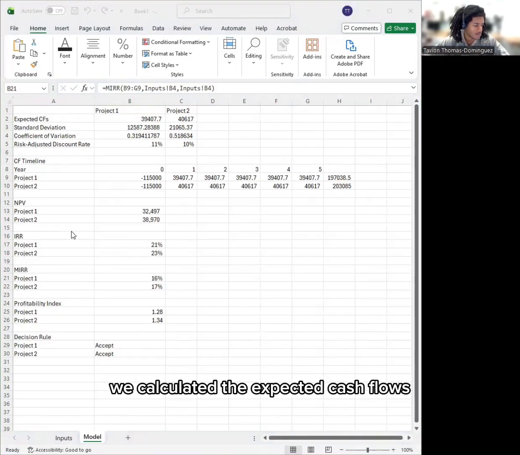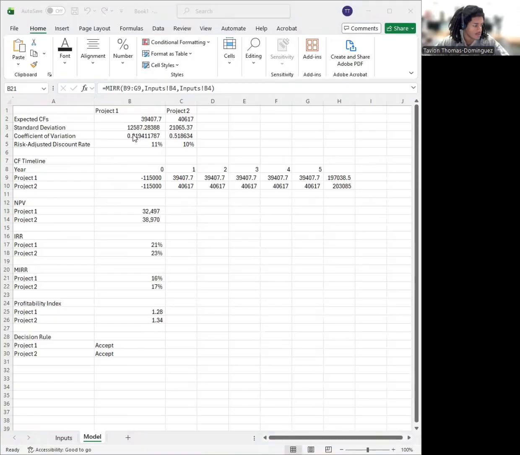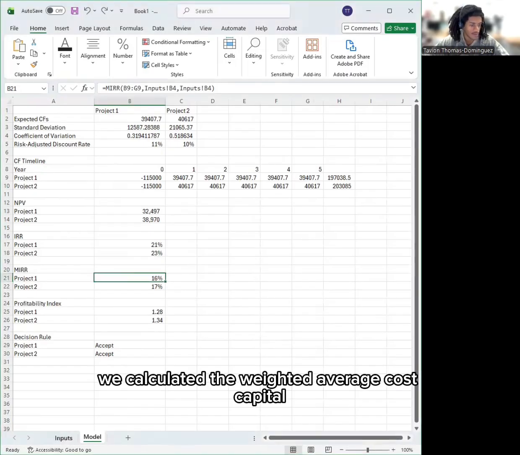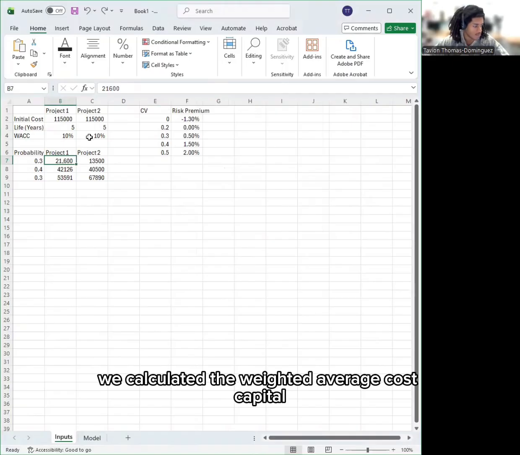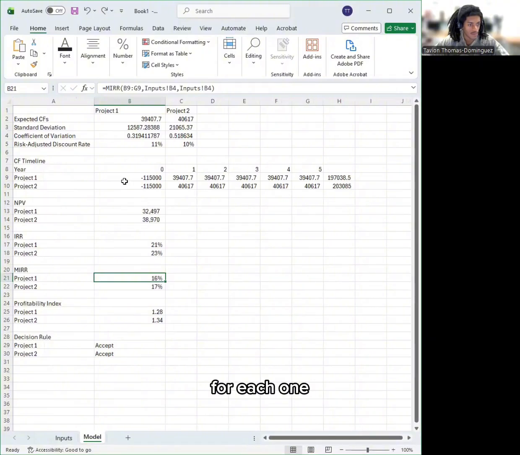So we calculated the expected cash flows, the standard deviation, and the coefficient of variation for each project. We calculated the weighted average cost of capital for each one.